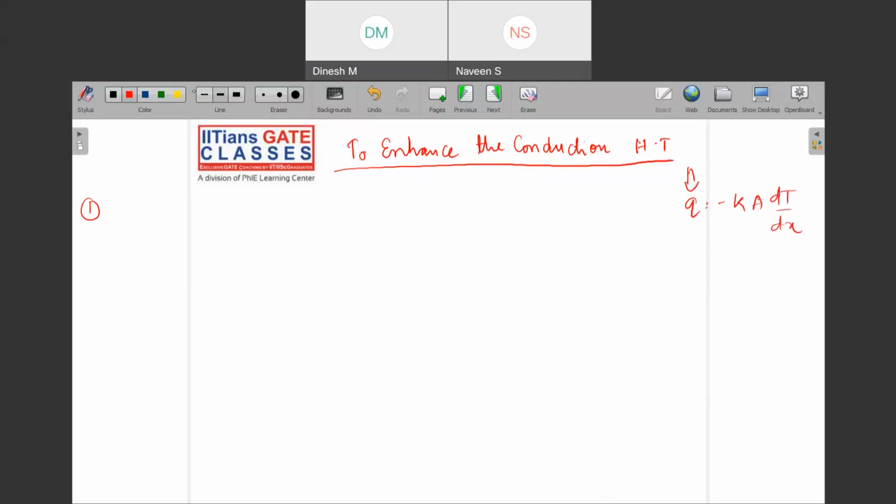Then if I wish to increase this Q value, what things are in our hand? Once your scenario is fixed, your thermal conductivity is automatically fixed. This thermal conductivity is not going to change, first thing. And second thing is area, and the third thing is dT upon dx.